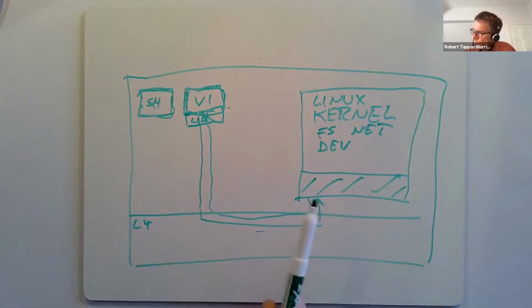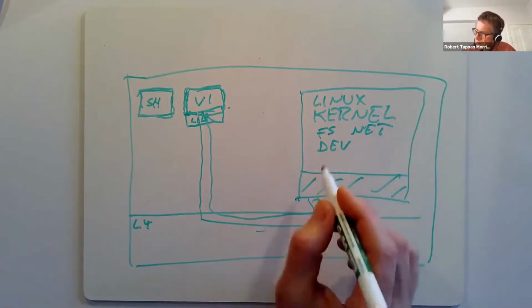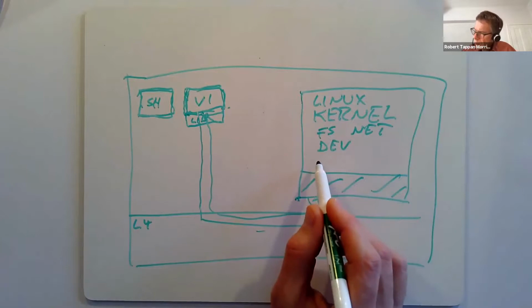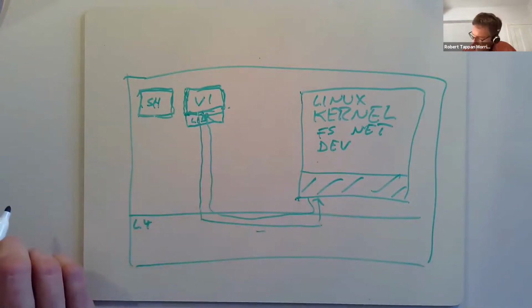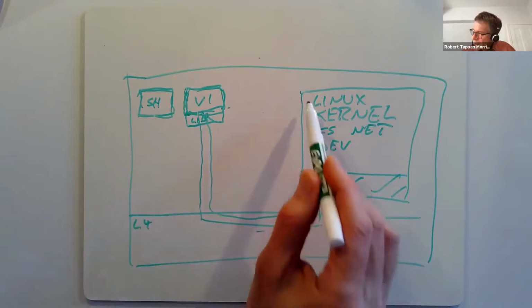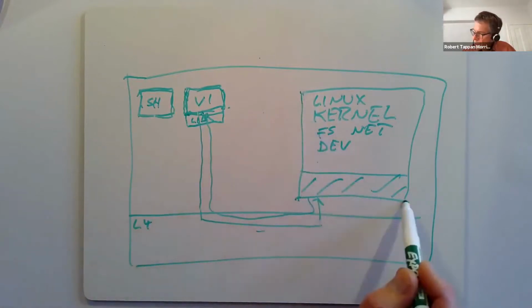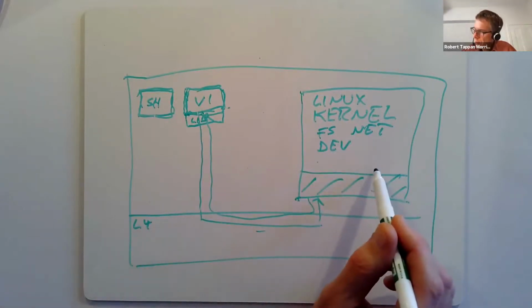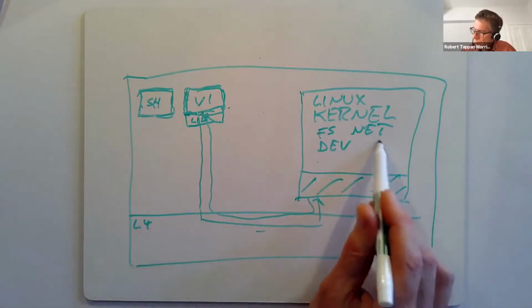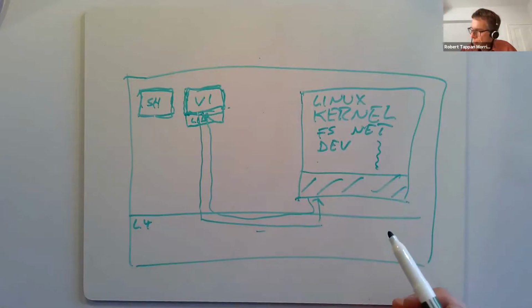Here, that connection is broken. The Linux kernel server was running in a single L4 thread. So there was only a single thread of control executing in Linux at a time.